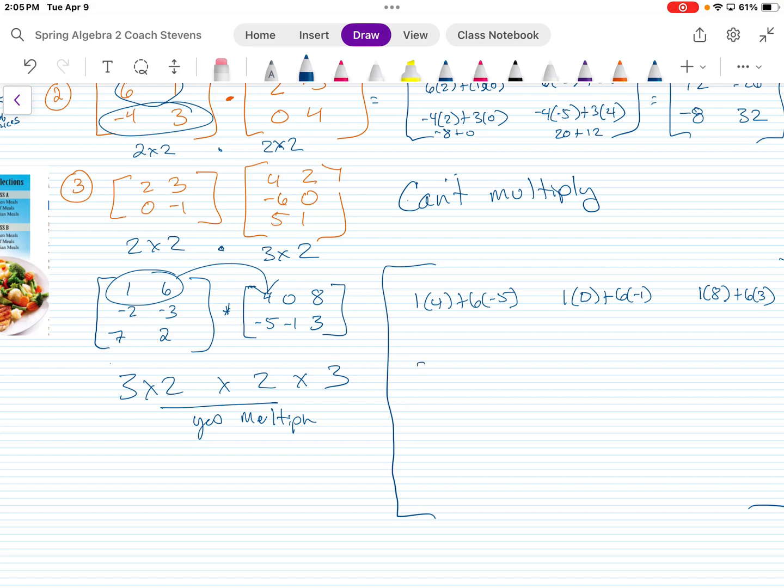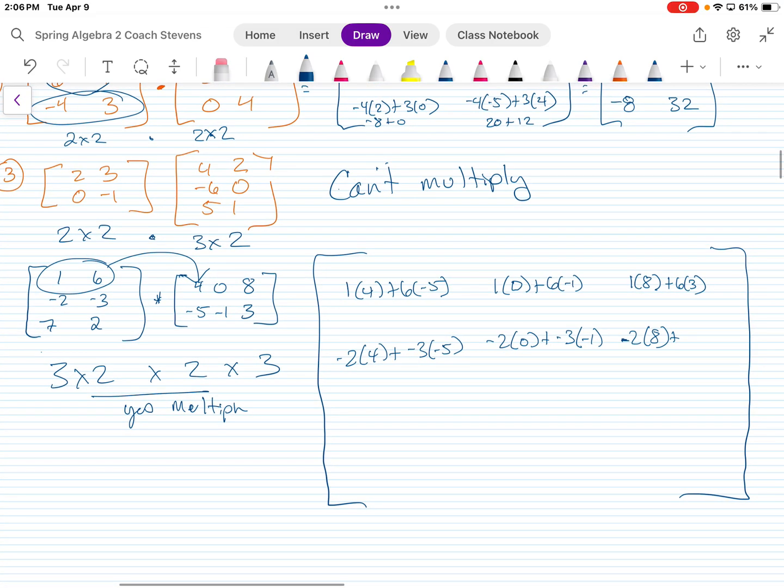Next row is negative 2 times 4 plus negative 3 times negative 5. Negative 2 times 0 plus negative 3 times negative 1. Negative 2 times 8 plus negative 3 times 3.